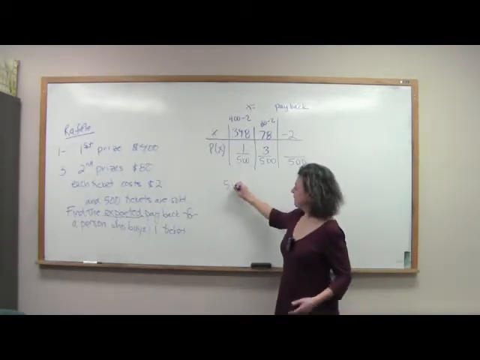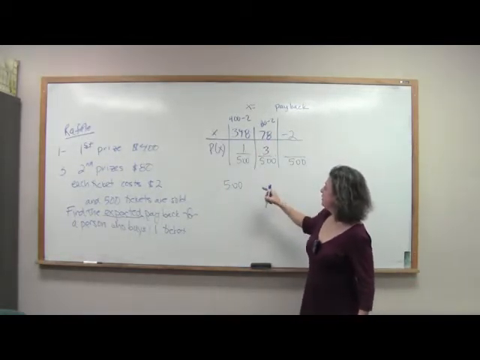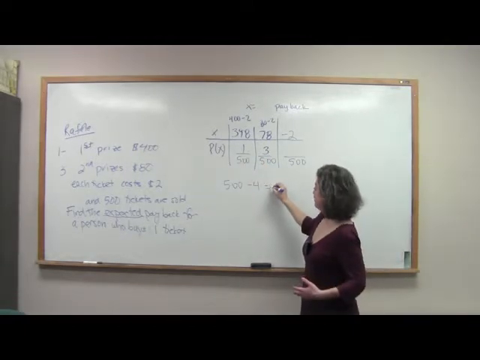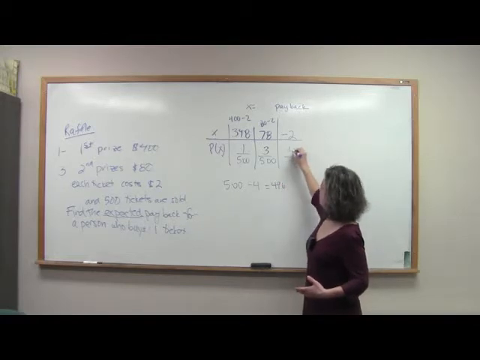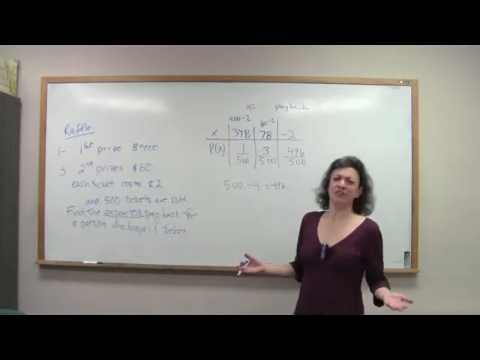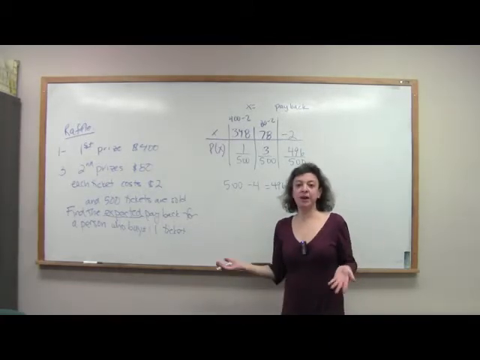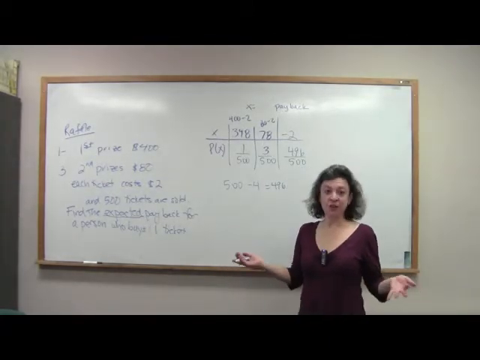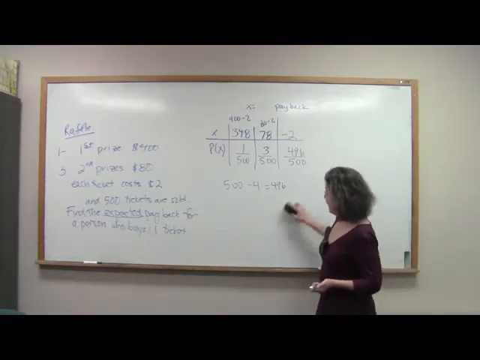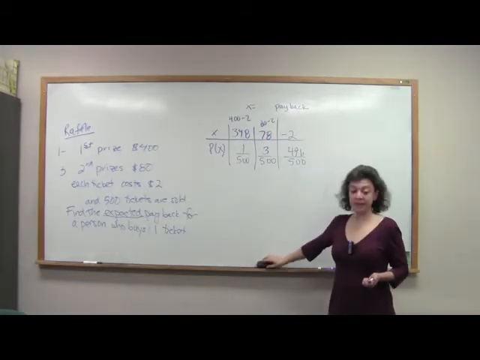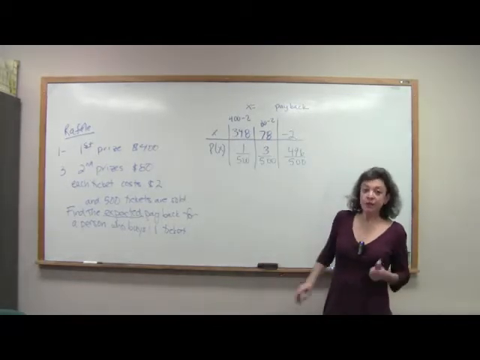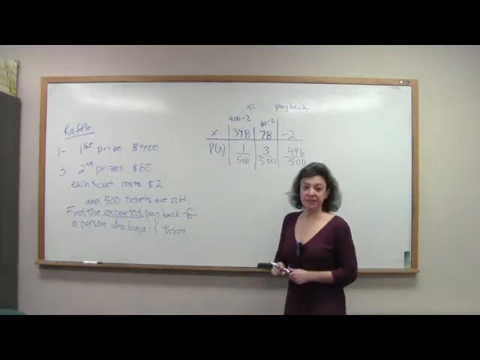So we have a total of 500 tickets. 3 plus 1, or 4 of them, are quote-unquote winners. So I claim that 496 of them are losers. Now, you're actually not losing anything because, as we all know, raffles generally are for a good cause. Okay? So what we have now is our probability distribution table set up. Now that we have that done, we can compute our expected value.